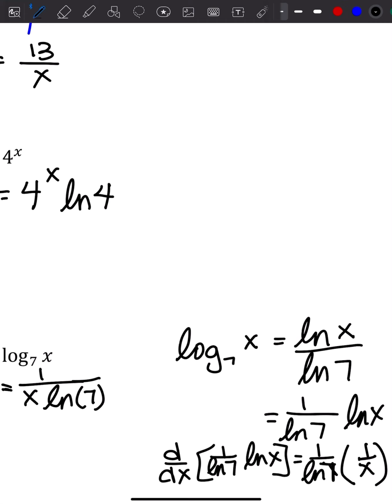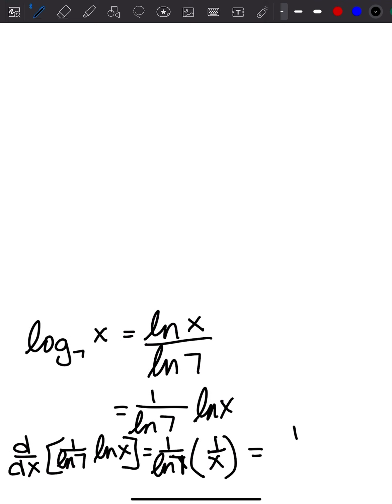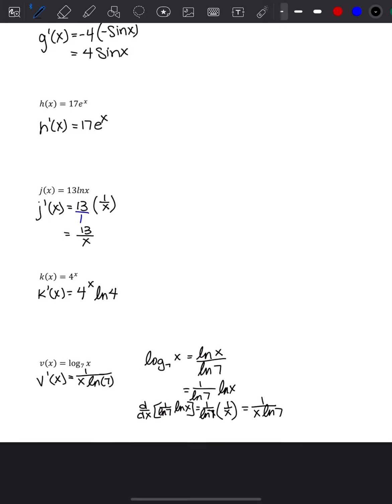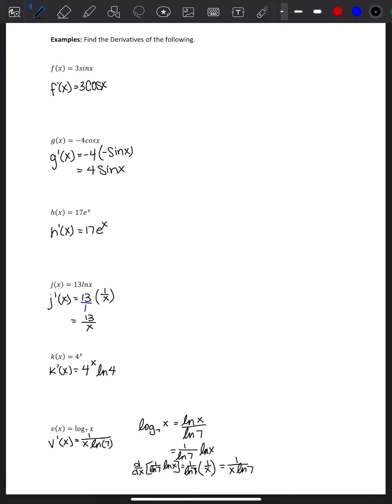And if I multiply those together, you're going to get exactly what we have over here, which is 1 over x natural log of 7, or 1 over 7 natural log of 7 times x. So there's always a rhyme or reason to why it is what it is. Sometimes it just doesn't look as obvious when we're looking at things that tend to end up being more complicated later on.